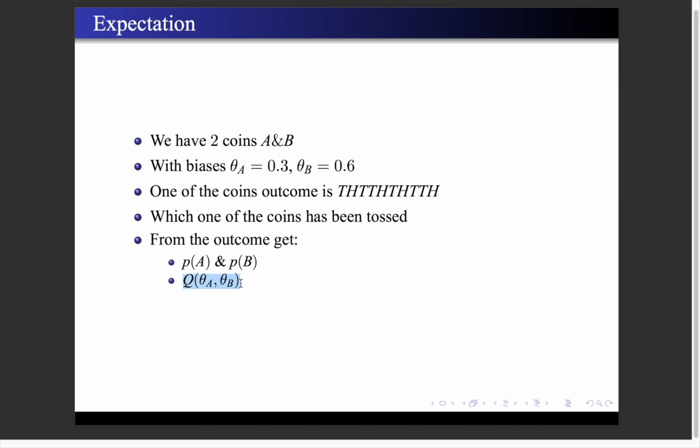I'm gonna call it Q, you can call it anything, but most of us call it Q. It's a function of the biases, and it is very much like the Q function that I showed you in the maximization example, but in this case it is a log likelihood function of this outcome using coin A and coin B, and then we apply expectation over those two log likelihood functions over the probability mass function that we have just deduced in the first step.